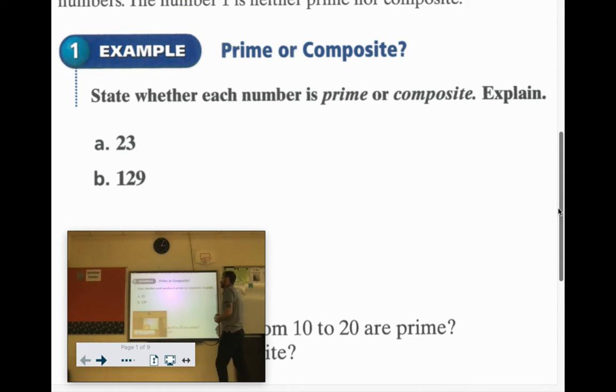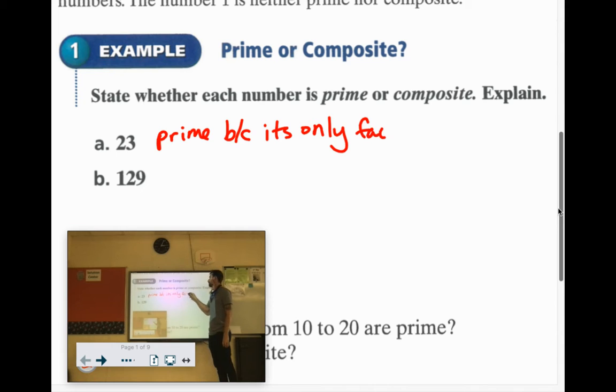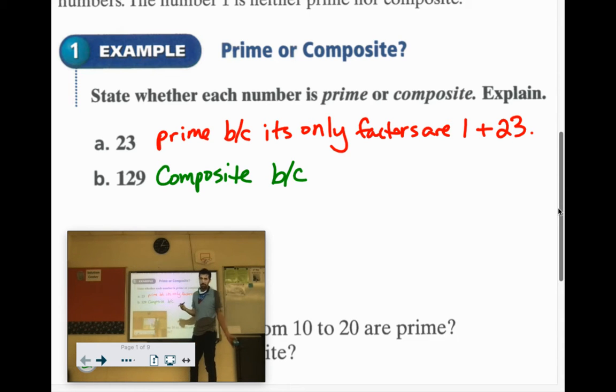State whether each number is prime or composite. Explain. 23 is prime because its only factors are 1 and 23. 129, that's composite, because I can tell that 3 is a factor because the digits add up to 12.